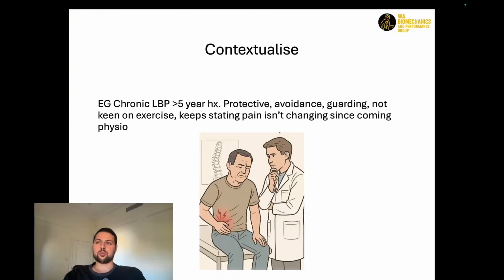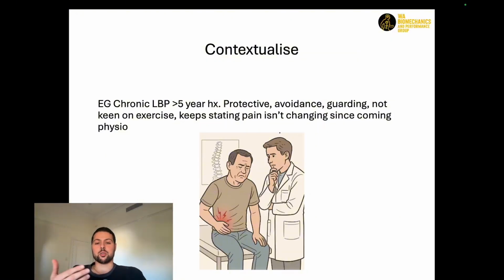Lastly, we all are aware of the idea of using dynamometry to capture peak force expression, but I like to use dynamometry also for my pain patients, right? So if we contextualize and use chronic back pain as an example, this patient has had chronic back pain for like a 5-year history.